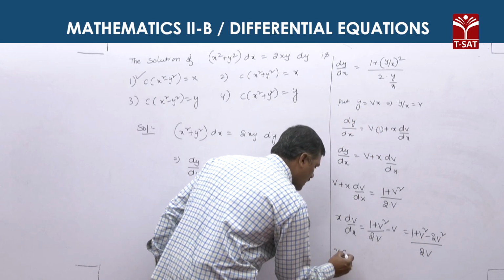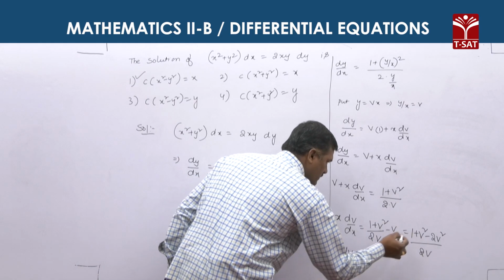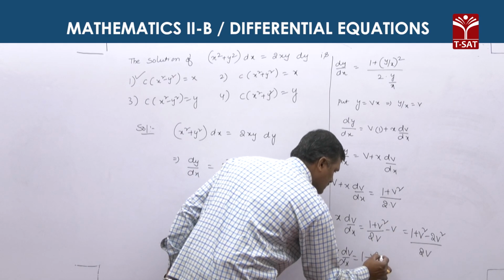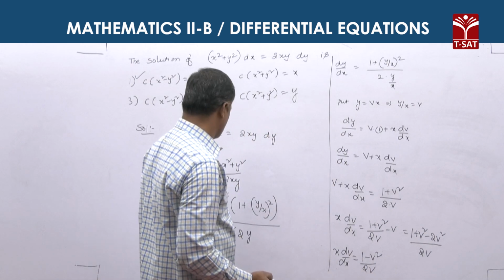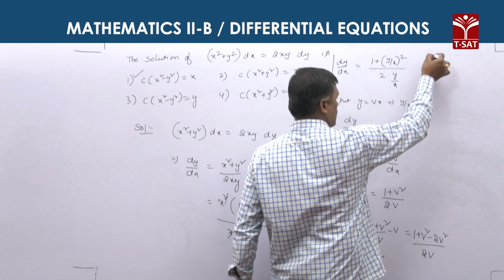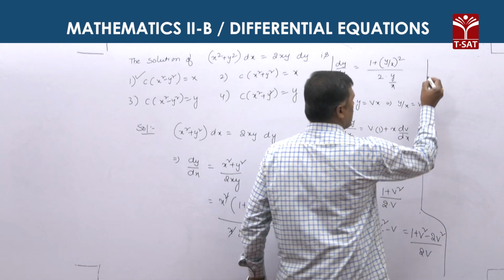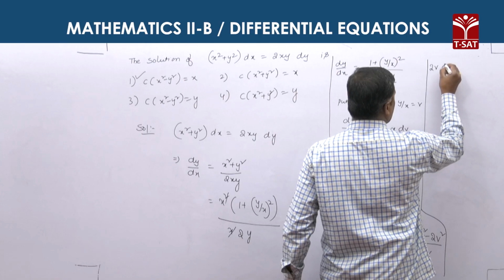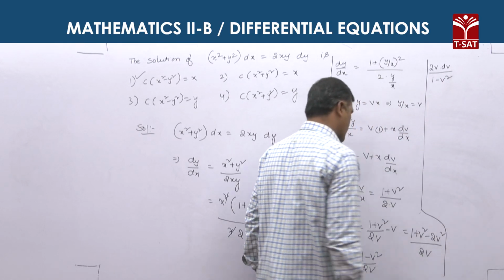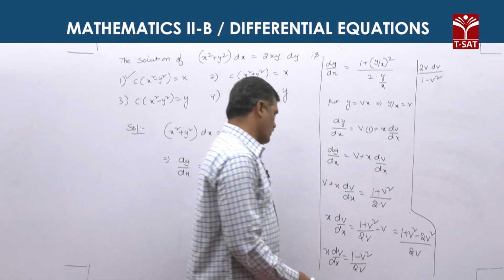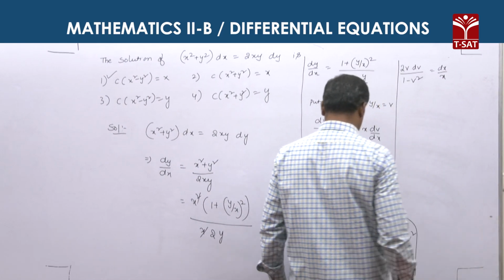Therefore x into dv by dx is equal to 1 minus v square by 2v. Now the variables are separated here: 2v into dv by 1 minus v square is equal to dx by x.